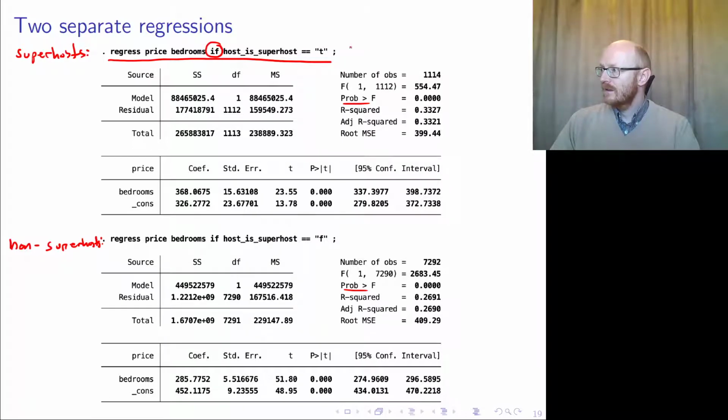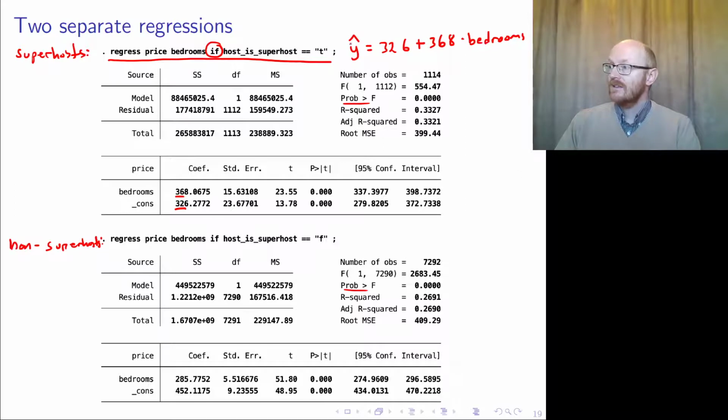And we have this regression, which is y hat equals the constant of 326 plus 368 times bedrooms, which is the number of bedrooms. So if there are no bedrooms, which is a studio flat, then the y hat, which is the offered price, is just 326, but increasing by 368 per bedroom.